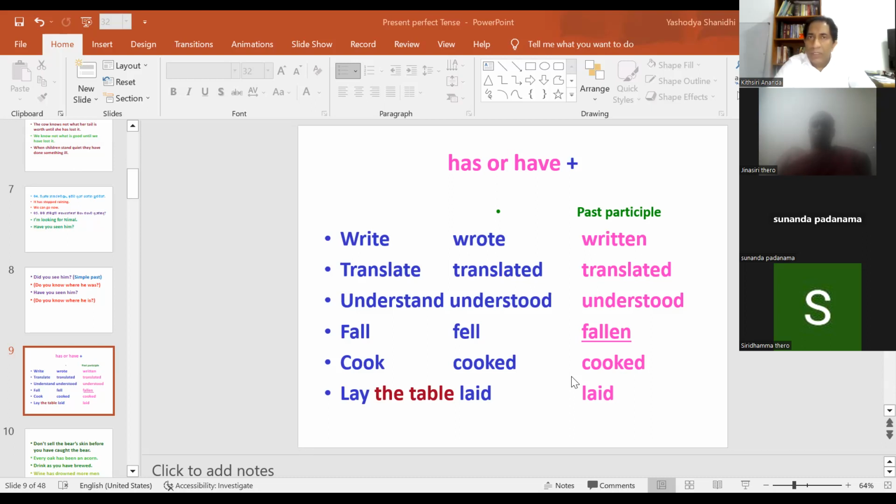So simply looking at our language, you cannot make correct English ideas according to the words. Translating Sinhala words like that every time does not work in English. Lay the table. She has laid the table.